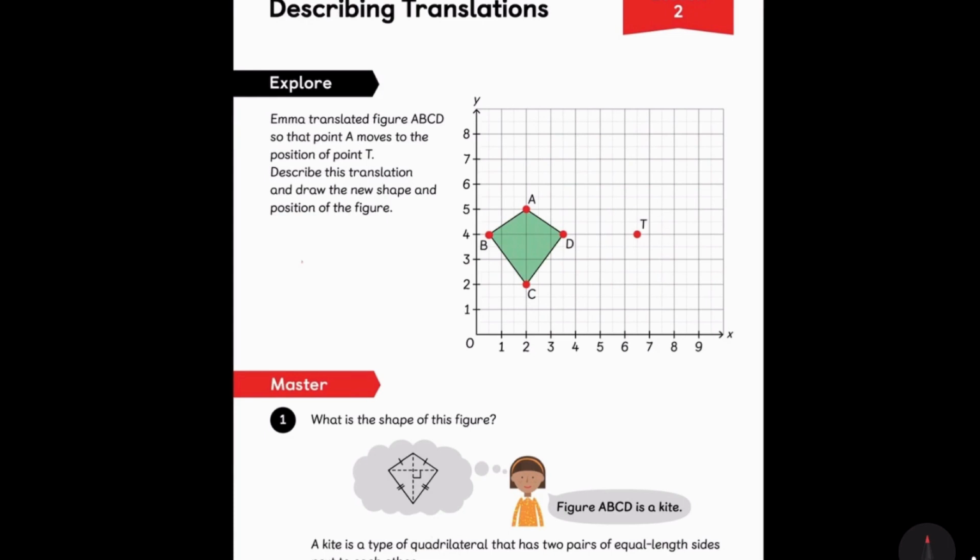Let's start today's video. We are on the same chapter of positions and movement, the second chapter, second lesson, which says describing translations. When we think about translation, what we mean is something that has moved from one place to another, right?